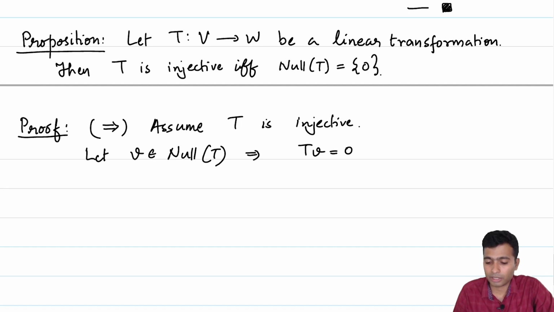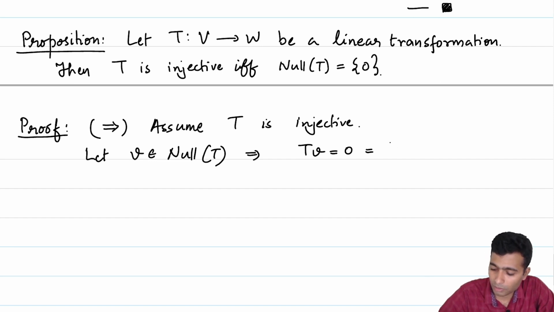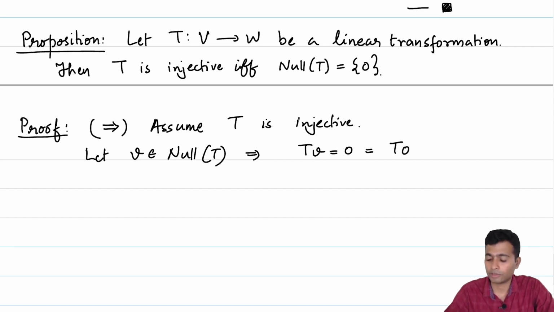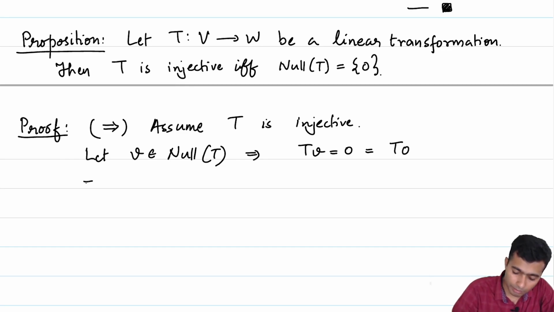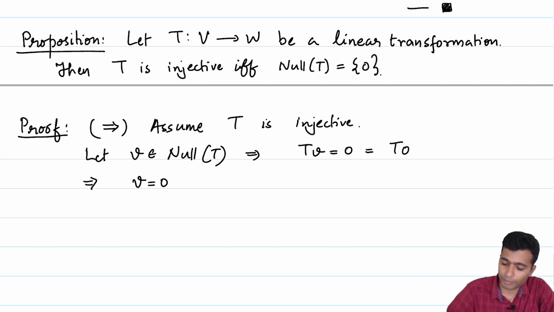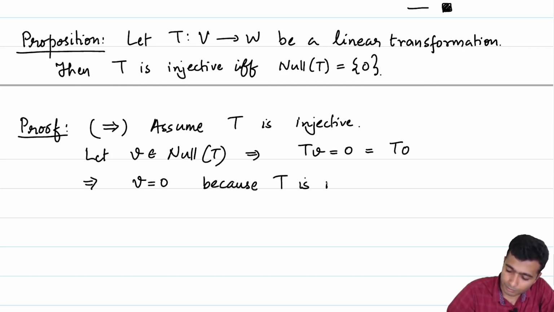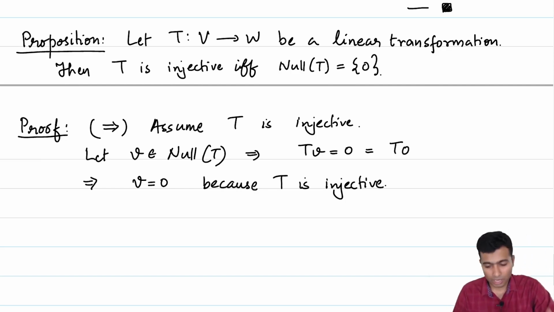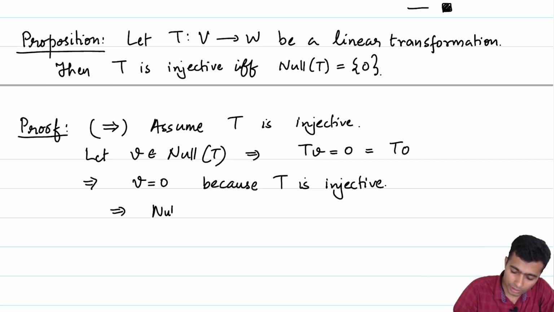But we already know that the 0 vector of V should necessarily map to 0, and therefore this is equal to T of 0. This implies V is equal to 0 because T is injective. So, if we start off with some vector in null of T, we see that it has to be necessarily 0. So, this implies that the null of T is 0.